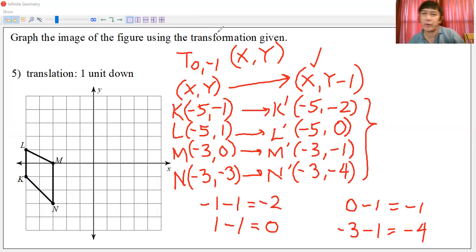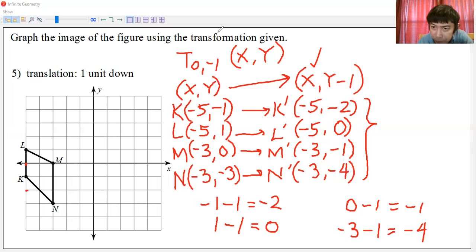All right, we're ready to plot the points. Negative 5, negative 2. So where is negative 5, negative 2? It's down here. There. Okay. Our negative 5, 0 is right here. I hope you can see it. There. And then negative 3, negative 1 in the third quadrant.